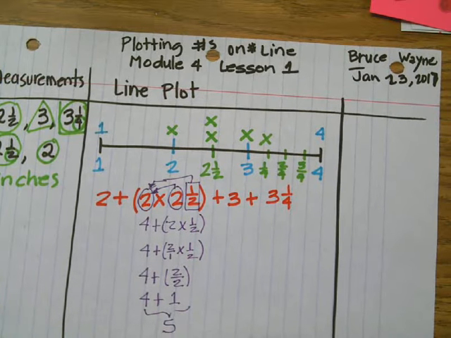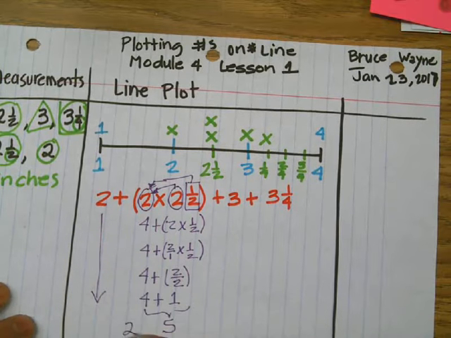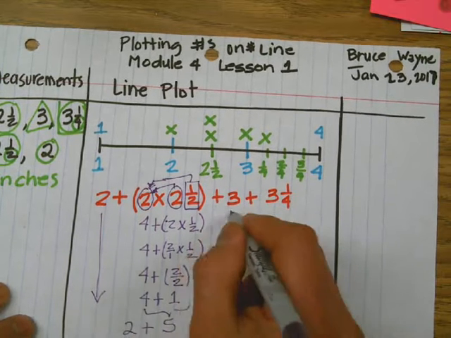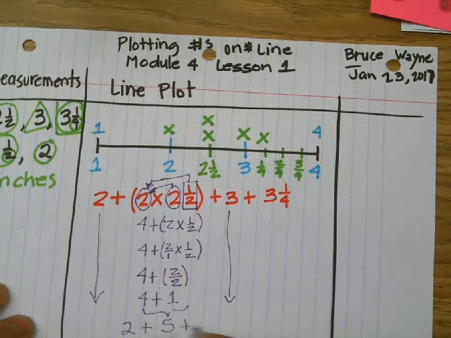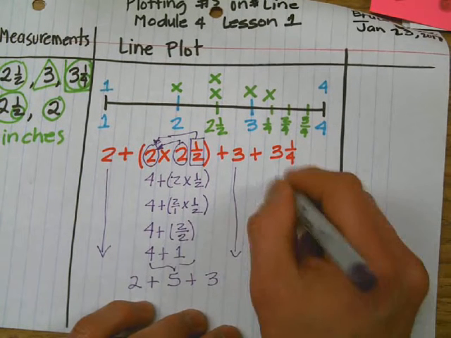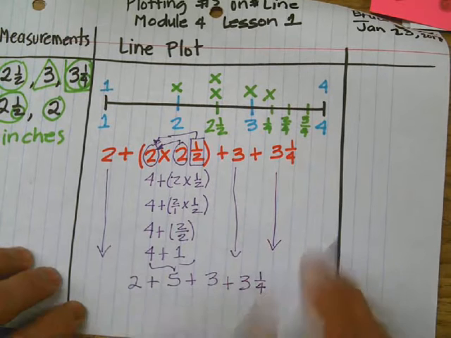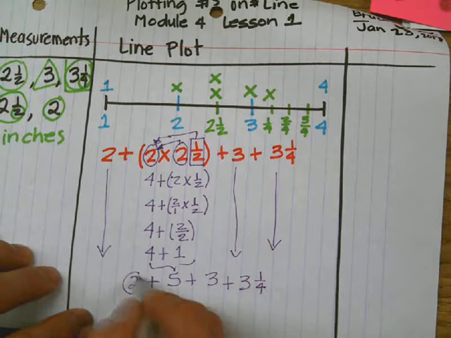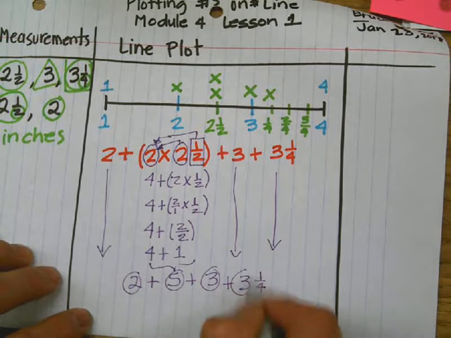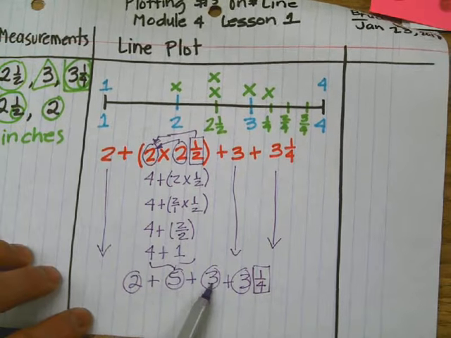Now, let's bring the 2 down, which will be 2 plus 5 plus the 3 plus 3 and 1/4. Now we're going to add everything that looks the same. We're going to add all the circles, and then we add this at the end, which is the rectangle. So we know that 2 plus 5 equals 7, 7 plus 3 equals 10, and 10 plus 3 equals 13.